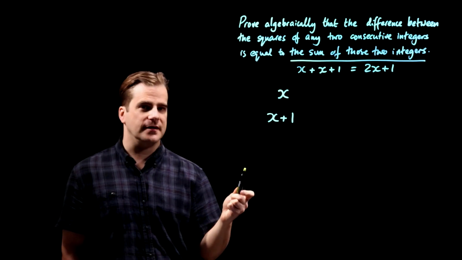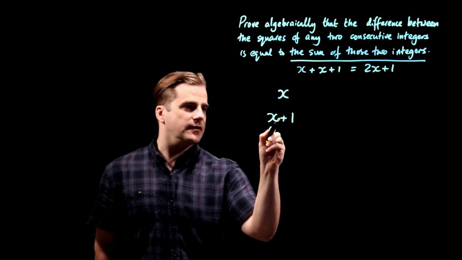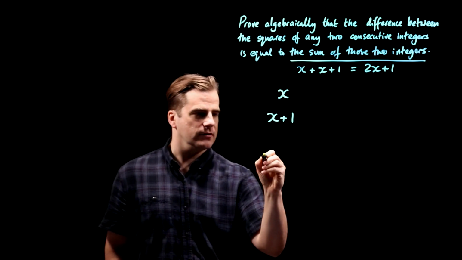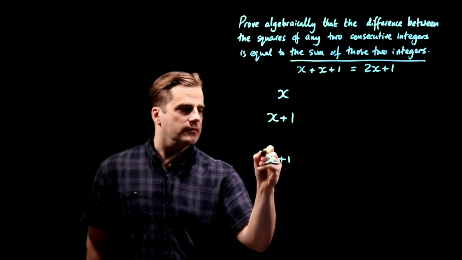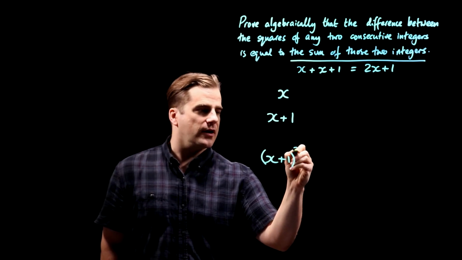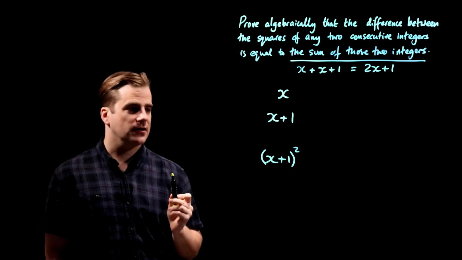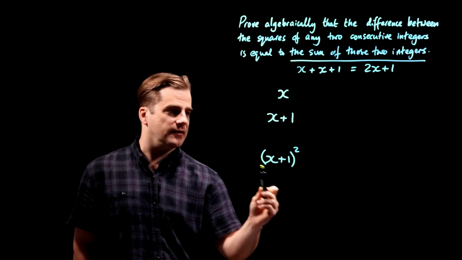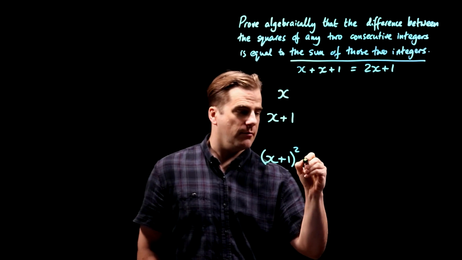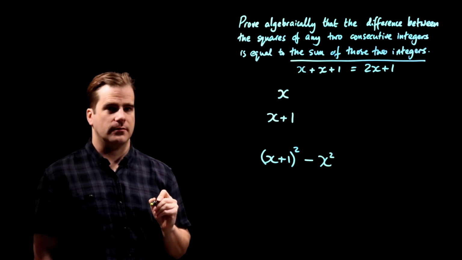The difference means subtract. Okay? So let's take the bigger of the two, this one, x plus 1, and square it. Okay? That's the square of the larger integer. And the difference between the square of that and the square of that is the square of the larger one minus the square of the smaller one.